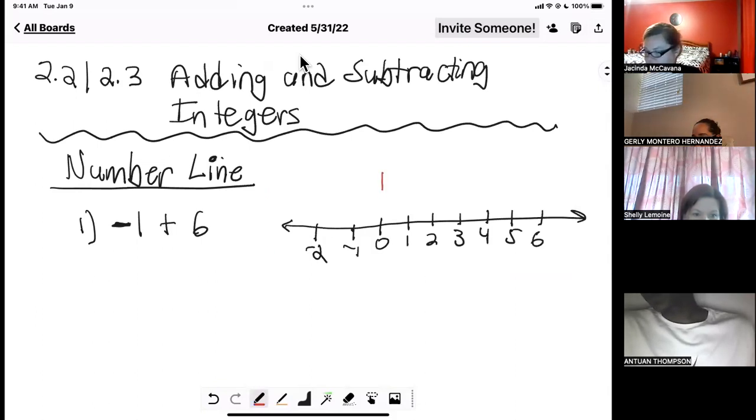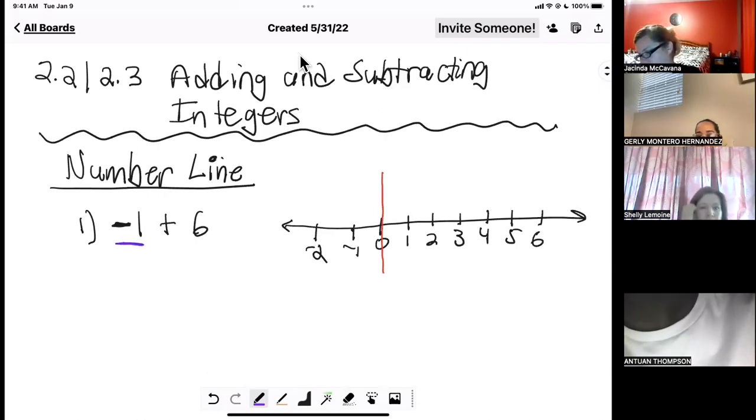Now, when you use a number line approach, you always start at 0. We always start at 0, and we follow what it says to do. It says go to negative 1. I'm at negative 1.